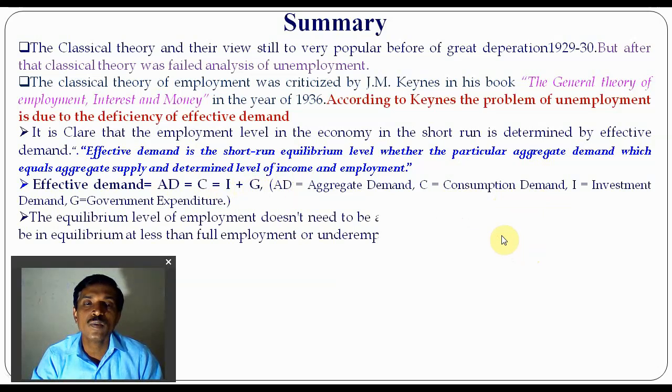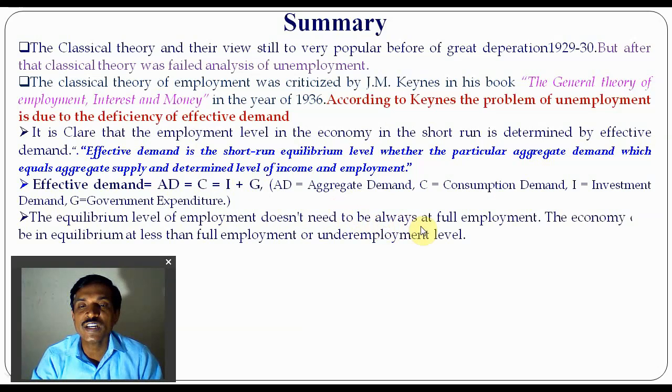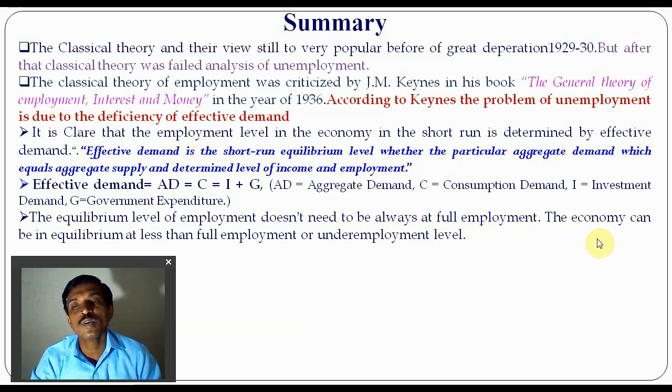The equilibrium level of employment does not always need to be full employment, and the economy can be in equilibrium at less than full employment, at an underemployment level. So Keynes found an answer to his question: the economy can be in equilibrium at an underemployment level, and the reason for unemployment is the effective demand.